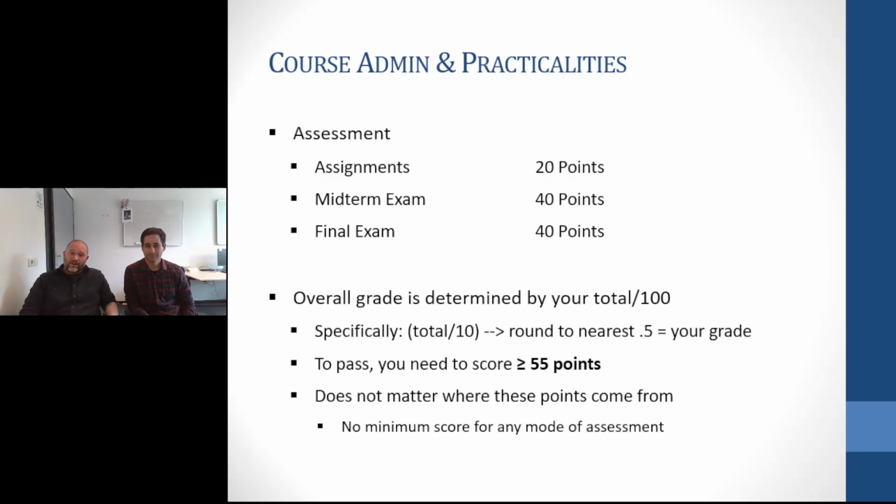That's a passing grade. You could also get a perfect score on the homework assignments, 20 out of 20. You could get a 40 on the midterm and a 0 on the final exam. That's fine too. There's no minimum score for any mode of assessment. What we want you to do, of course, this is the minimum. We'd like you to do better, but this is the sort of minimum.